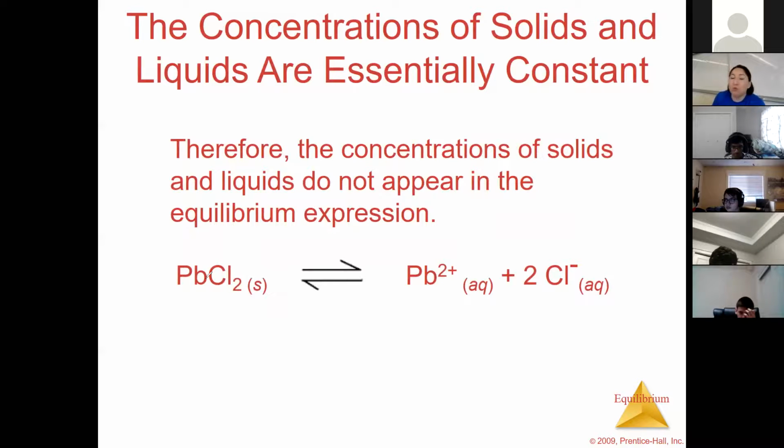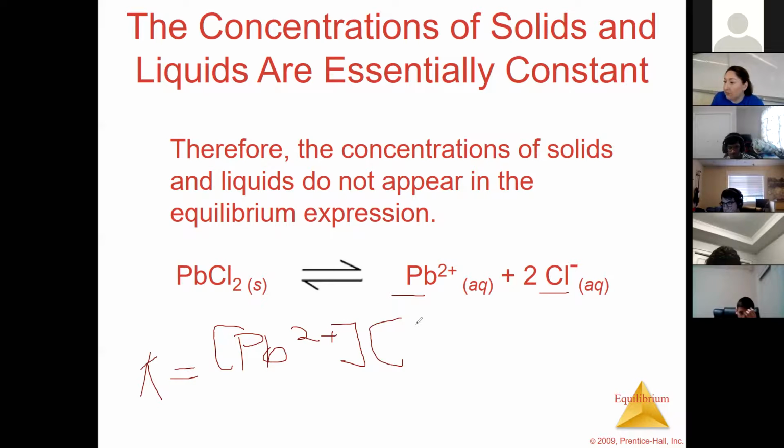So let's say I said, hey, write the equilibrium expression for this. It'd be K equals the concentration of Pb2+, it's the ion, not the solid lead, so you need to make sure, it's brackets, times chlorine squared over 1, because solids are omitted.